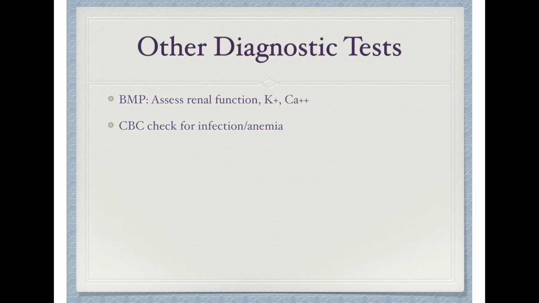A CBC is ordered to check for signs of infection or anemia, which would be contributing to high output heart failure and might alter the BNP levels. LFTs are checked as direct bilirubin is one of the earliest things to rise in congestive hepatopathy as a result of heart failure.